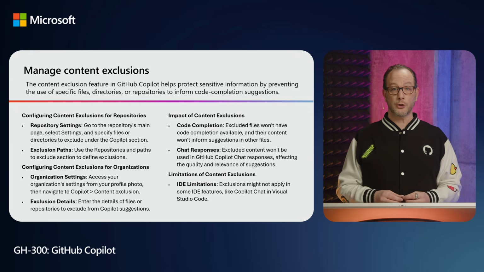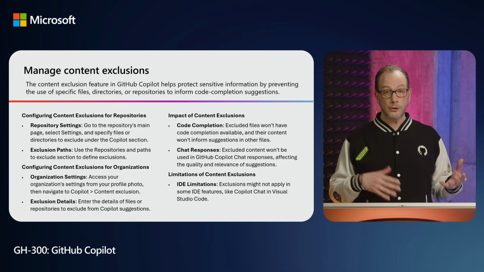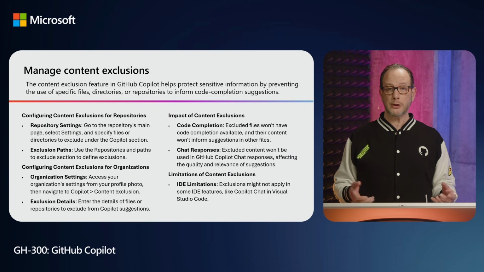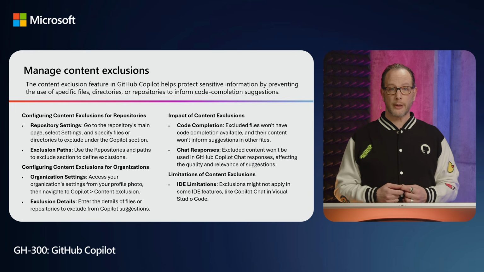This feature ensures sensitive data is protected during code completion as well as chat interactions. While I cannot provide all the details of what this entails, note that there are limitations and configuration options at the repository level, organization, and enterprise levels that help teams balance AI assistance with security and governance needs.